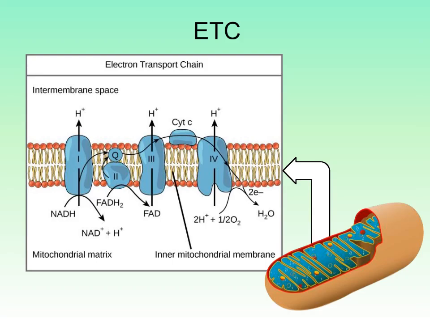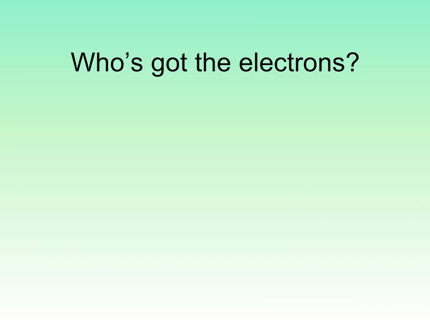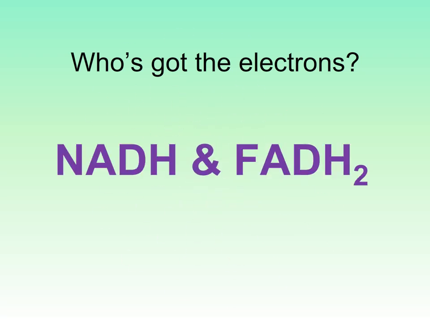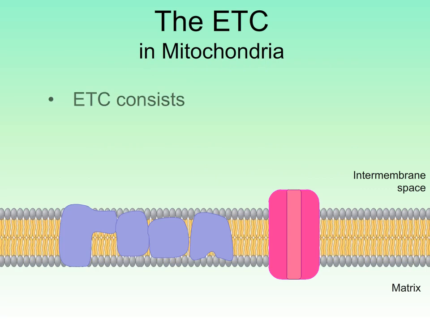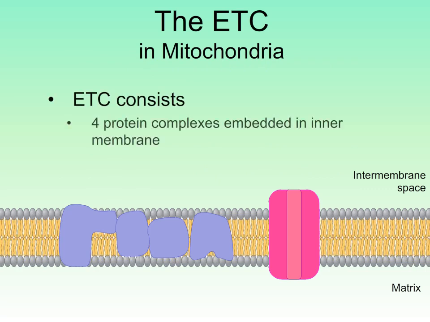The ETC is found within the inner membrane. And do you remember what electron-carrying molecules were formed in the previous stages? Yes, NADH and FADH2. The electron transport chain consists of 4 complexes of proteins embedded within the inner membrane.